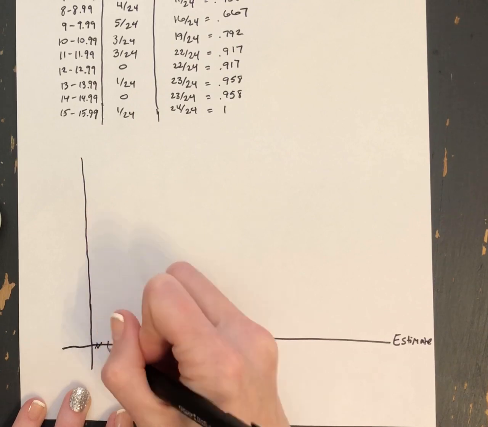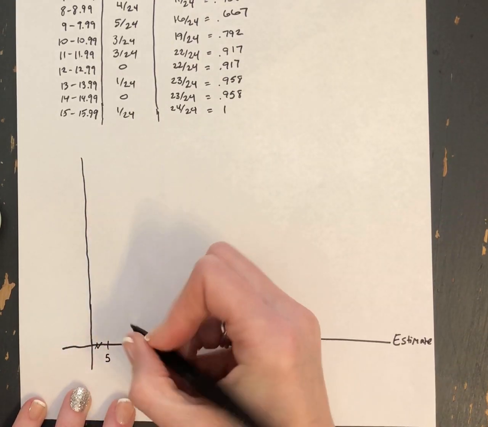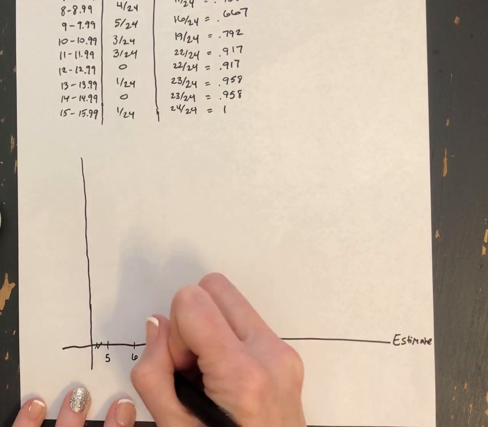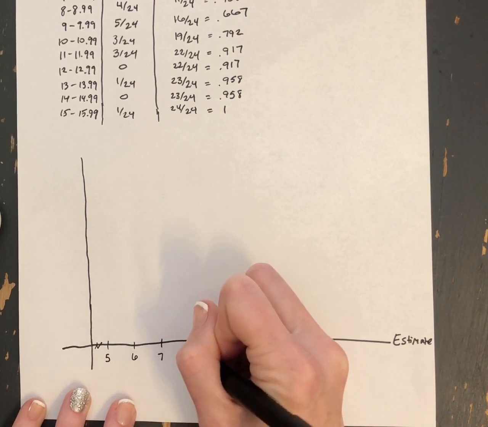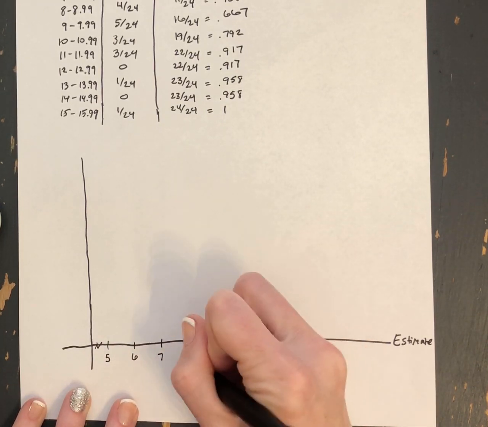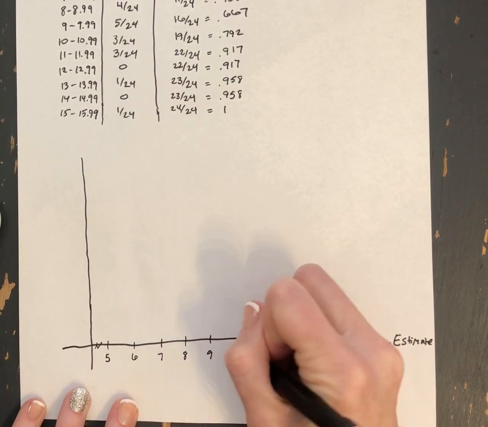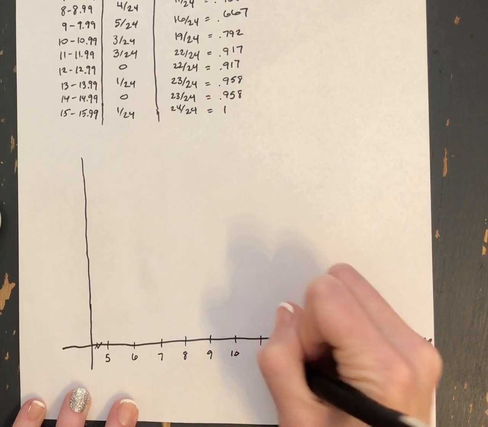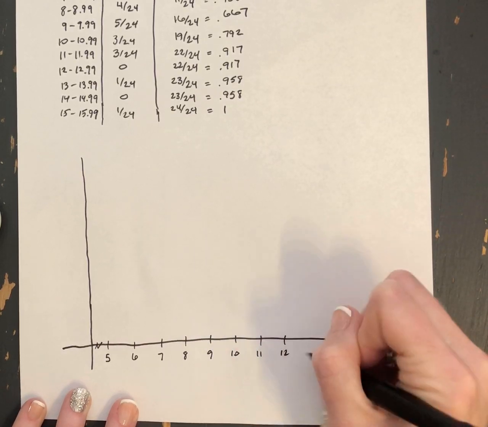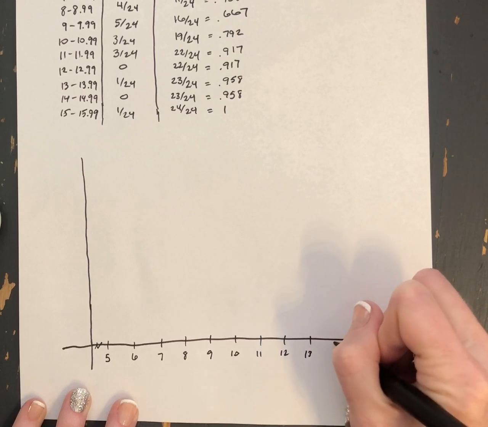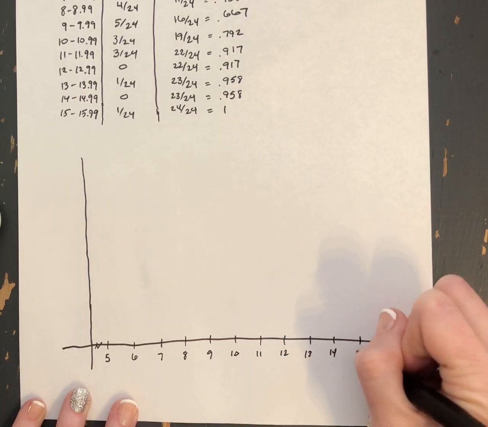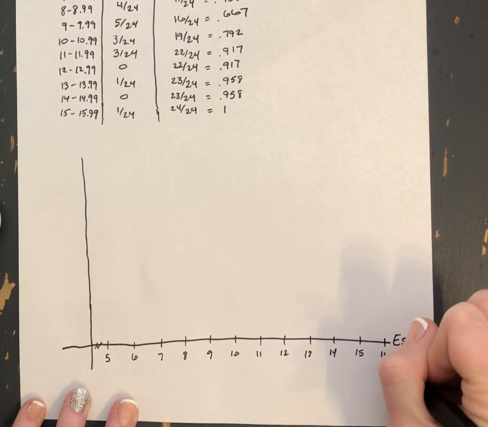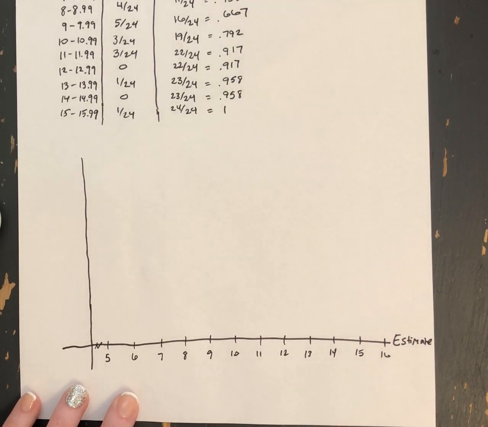I'm actually going to start this one at 5, and I'll show you why in a second. And we went all the way out to 16, which was our biggest class.